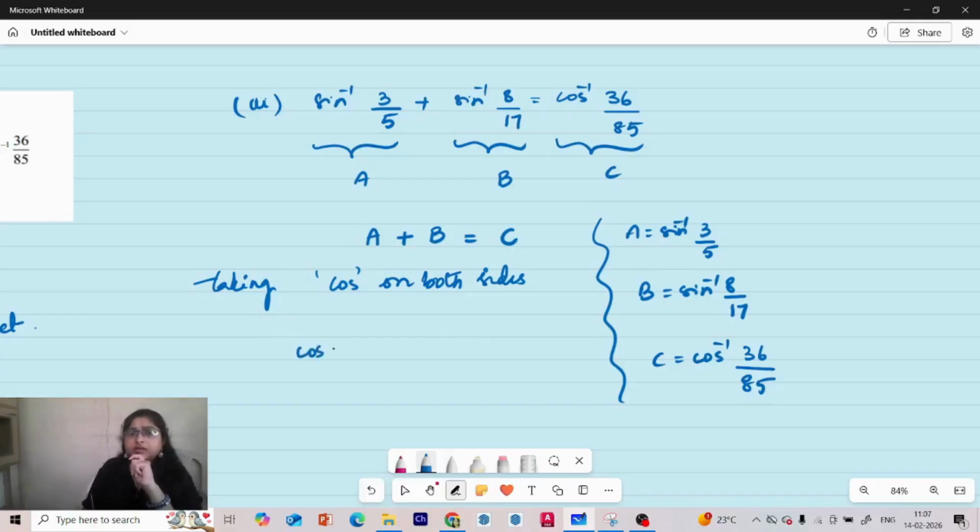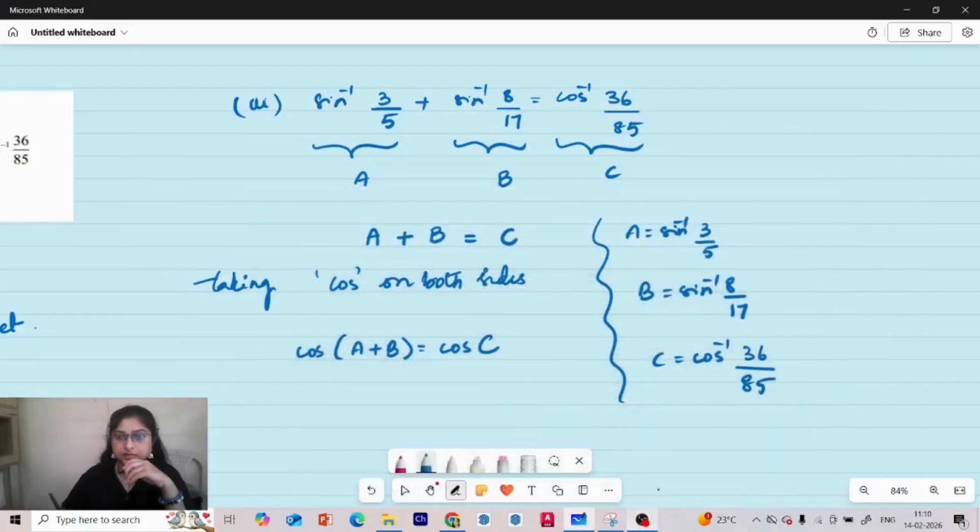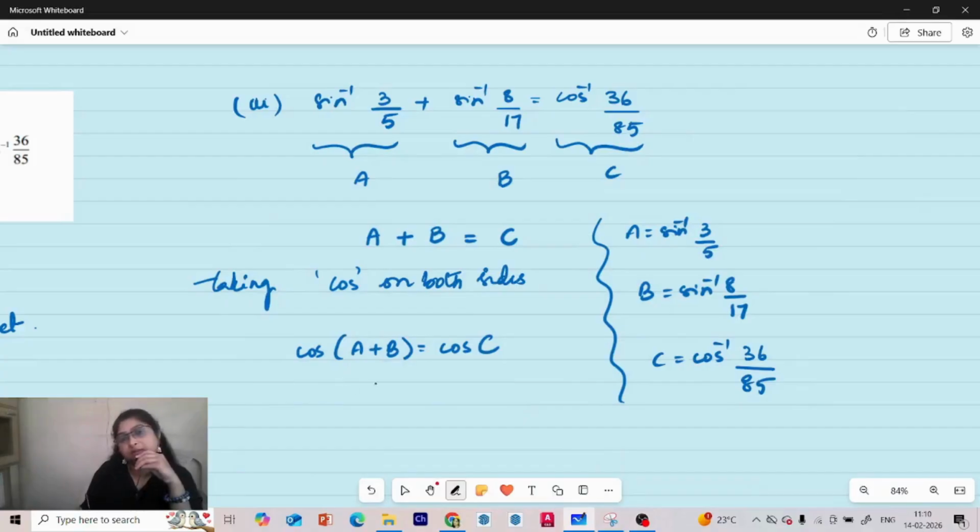Then cos of a plus b is equal to cos c. So cos c has come. Now let's open the brackets. And we already know the cos c value.